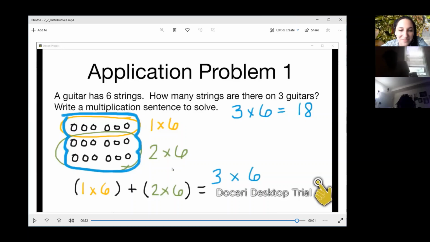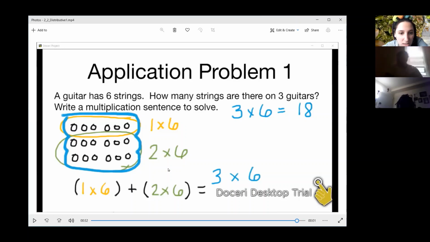Yeah. Why? I think it's the size of the groups. It's not right. Two. Oh, I see now.